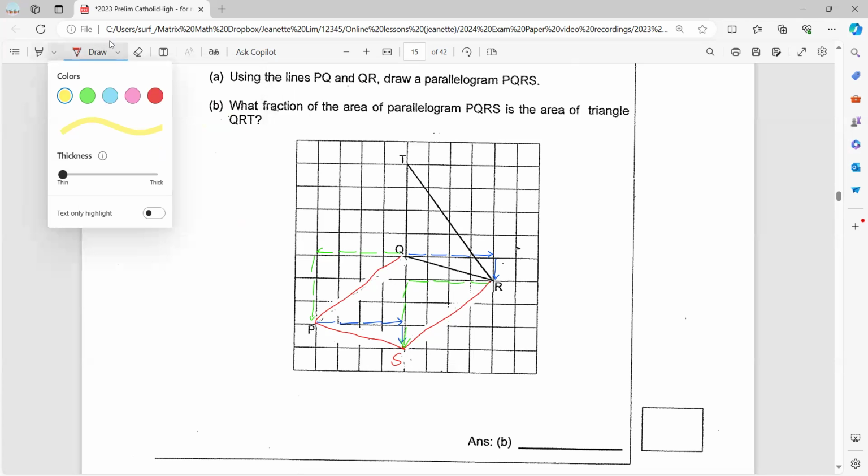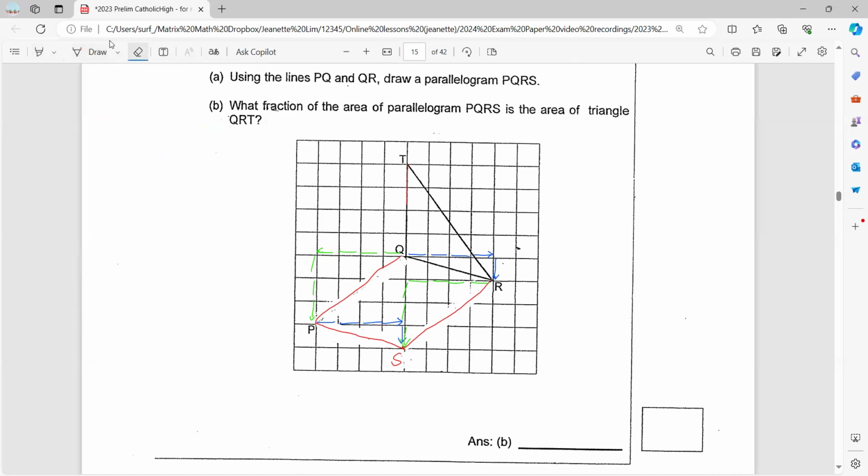Okay, maybe just highlight. This is the base. And this is the height. Base is 4 units, height is 4 units. So half times 4 times 4 for the triangle.